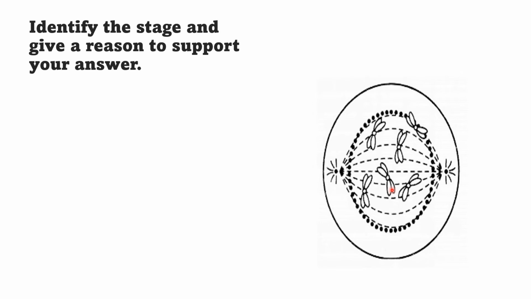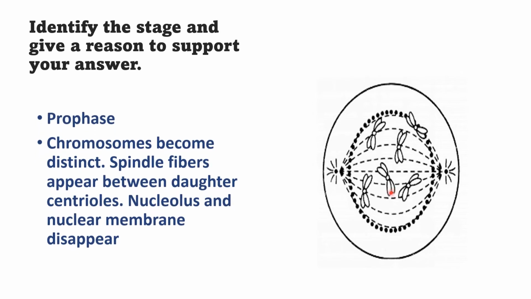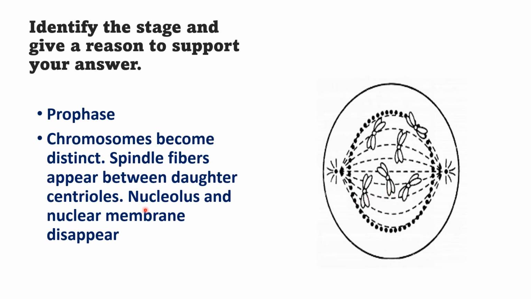What are the special features of prophase? Chromosomes become distinct. Spindle fibers appear between daughter centrioles. Nucleolus and nuclear membrane disappear. Here you can see all these features, right? Chromosomes become distinct. Two chromatids, sister chromatids, you can see in these chromosomes.